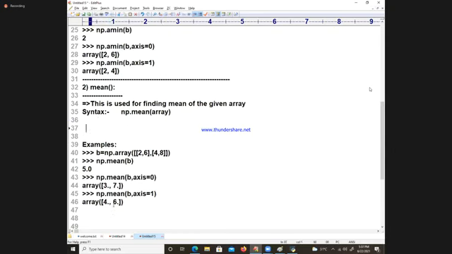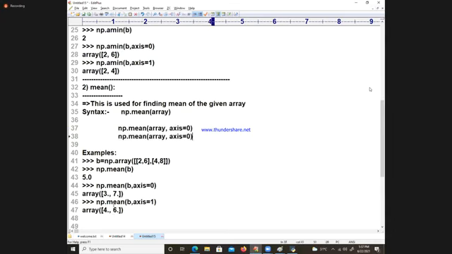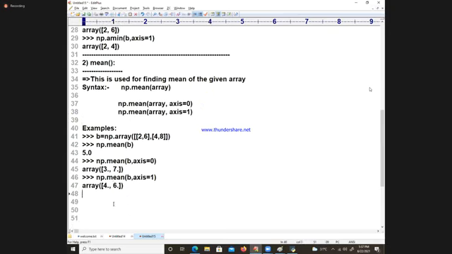Another syntax is np dot mean of array, comma, axis is equal to 0. Another one is axis is equal to 1. That is another part. I hope you are following. Okay. Similarly, I will go for the next, the third one: median.